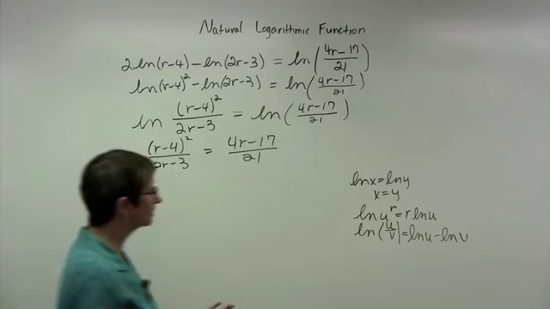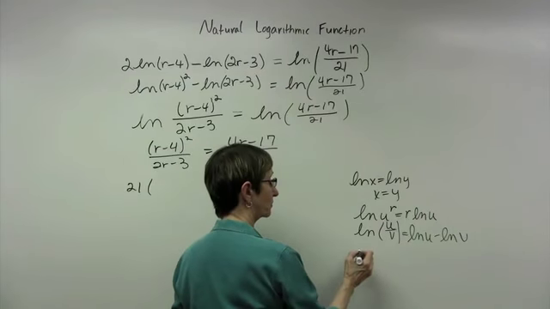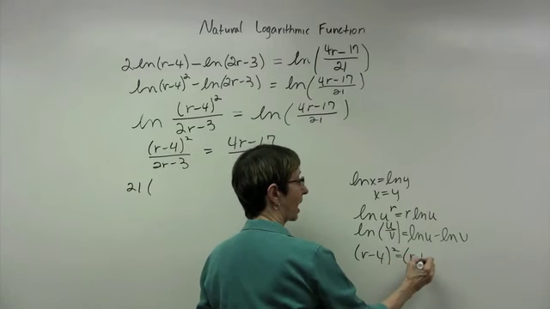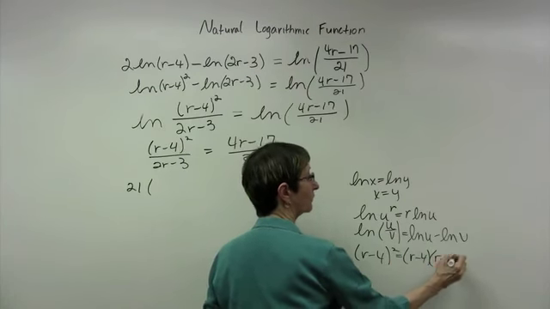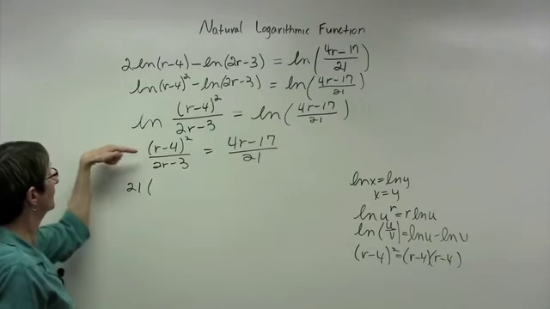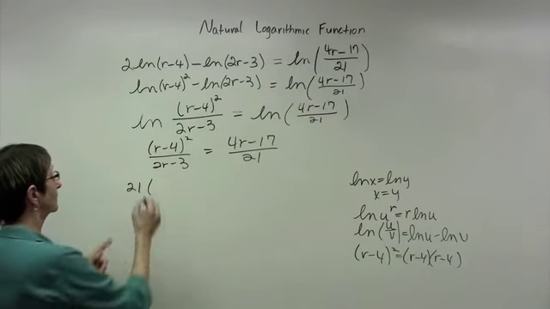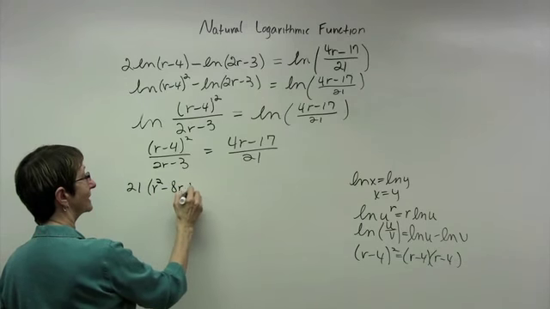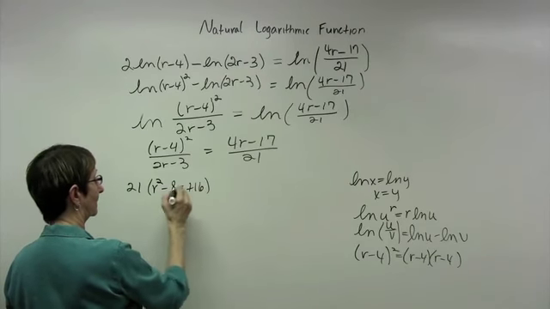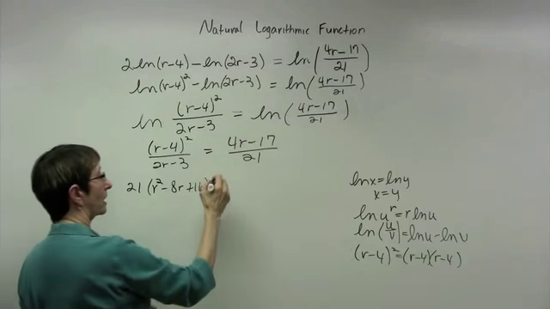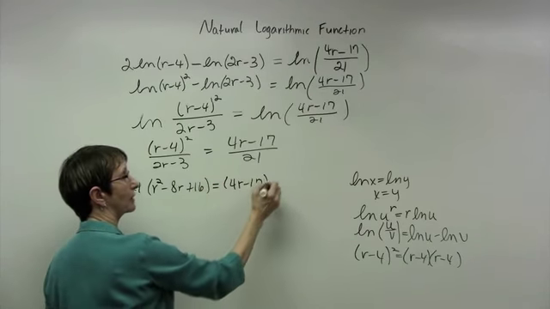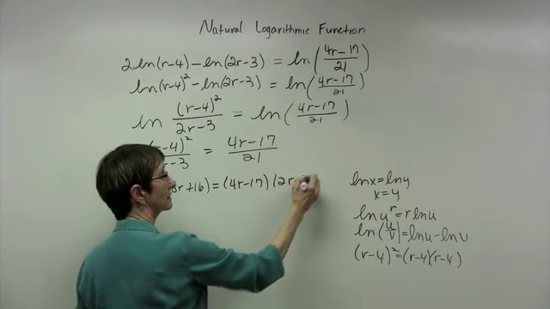R minus 4 squared, that's another one of those things you're supposed to remember. R minus 4 squared is actually r minus 4 times r minus 4. You can't just go r squared minus 16. So this would be r squared minus 8r plus 16 equals, and on the other side I'll have my 4r minus 17 and then multiplied by 2r minus 3.